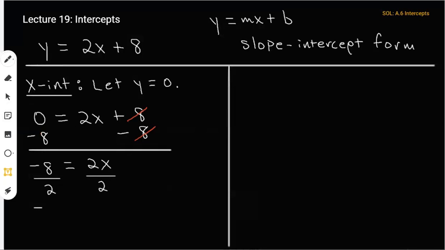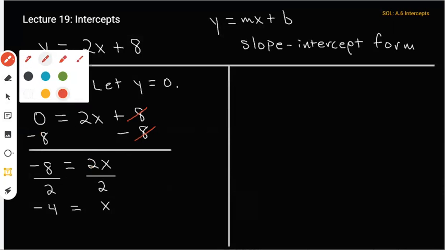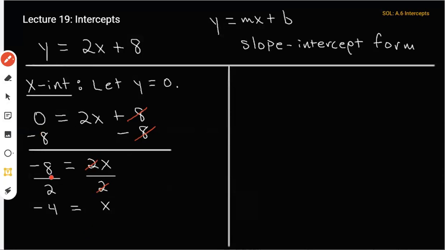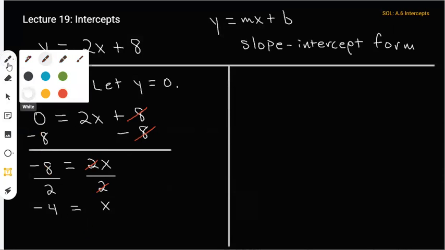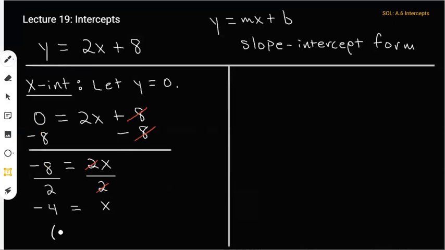So I get negative 4 is equal to x, while the 2's over here can be canceled out. So my x value is going to be negative 4, but my y value is going to be 0. And that's my x-intercept.